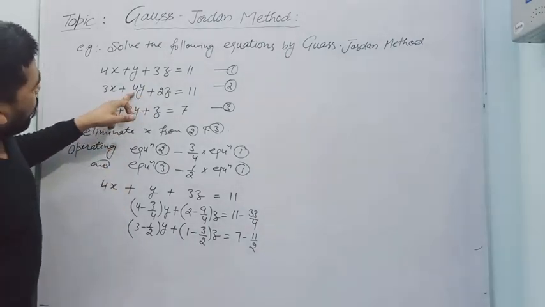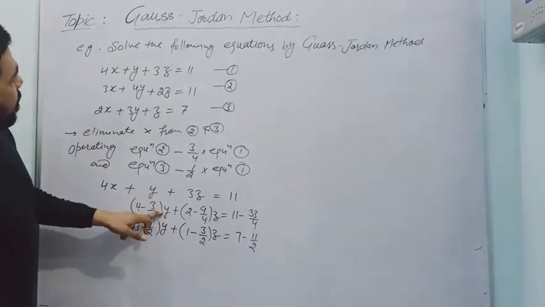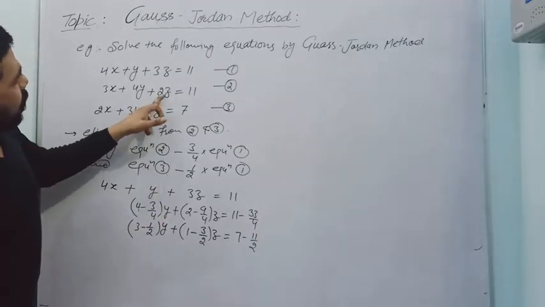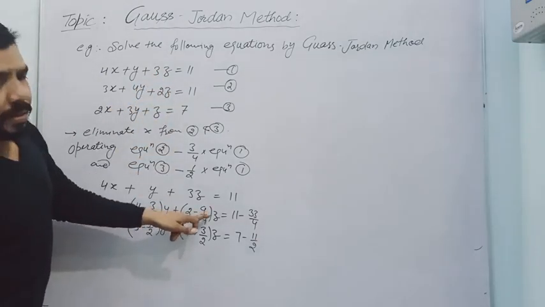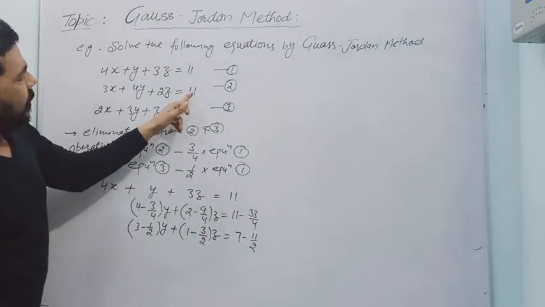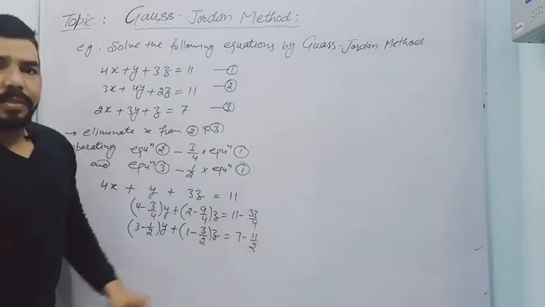Coefficient of y will be 4 minus 3 by 4, y is common. And z will be 2 minus 9 by 4 z, and the right side will be 11 minus 11 into 3 by 4, that is 11 minus 33 by 4.